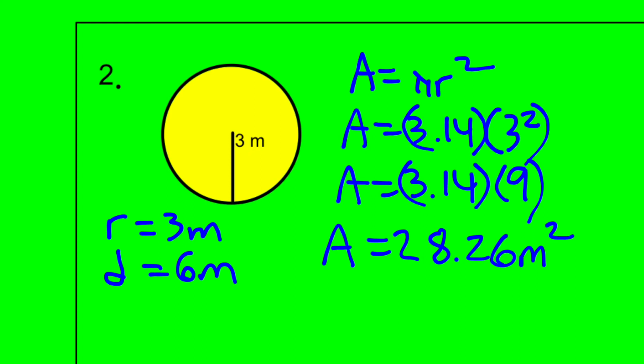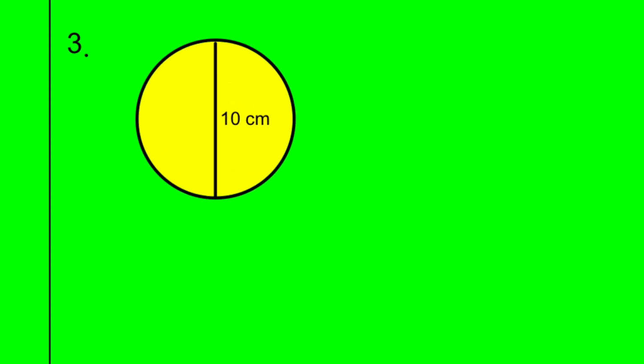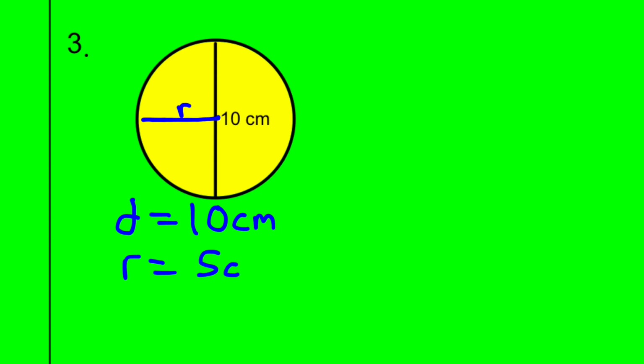Now, one hiccup you might run into. Let's take a look at this question here. You got to be careful. In this question, we aren't given the radius, we're given the diameter, right? The diameter of this circle is 10 centimeters. The radius will just be half of that, right? So if the diameter is 10, the radius will be 5 centimeters.